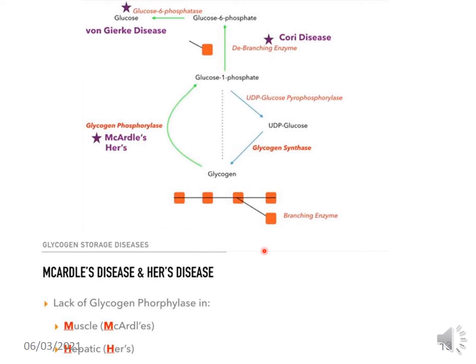Both are related to absence or lack of glycogen phosphorylase, and this produces formation of a large amount of glycogen in the muscle in McArdle disease and in the liver in Hers disease.